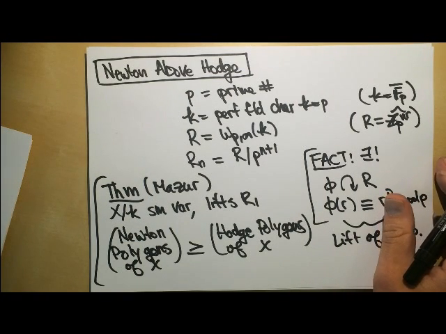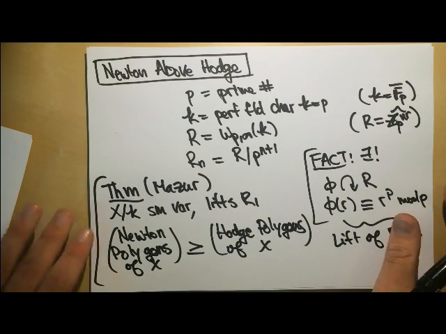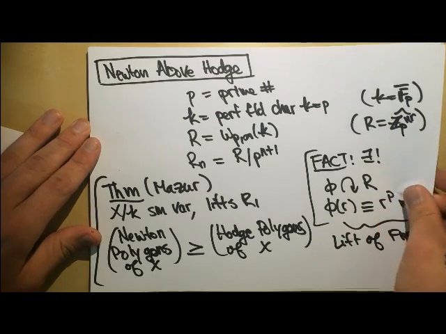Okay, so now in order to talk about this theorem, I need to set up some notation and some abstract terminology. I need to talk about crystals and stuff, and that's what I'm going to do now.